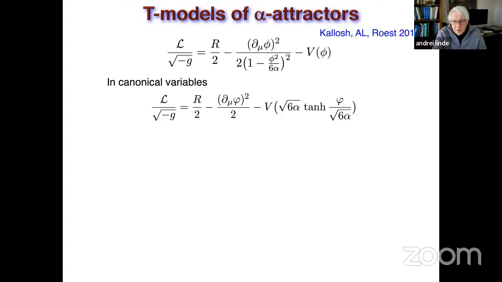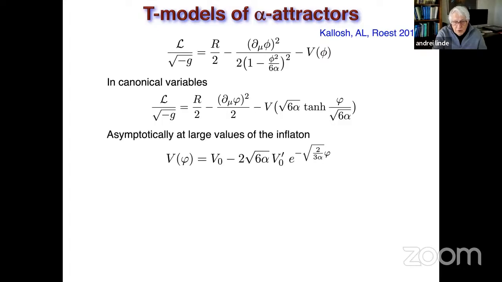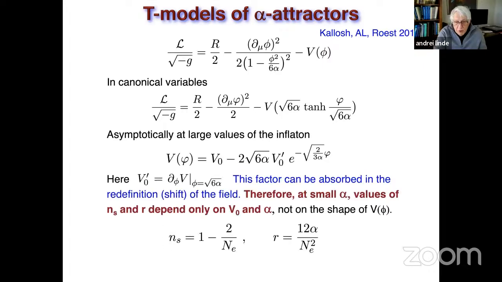they acquire flat parts. One of the interesting properties of this potential is that at large values of the field phi, you can expand this potential, and it is just a constant minus some exponent. And this exponent is universal. The next corrections are double exponents, so they decrease pretty fast. The coefficient in front of this exponent can be absorbed in the redefinition of the field phi.